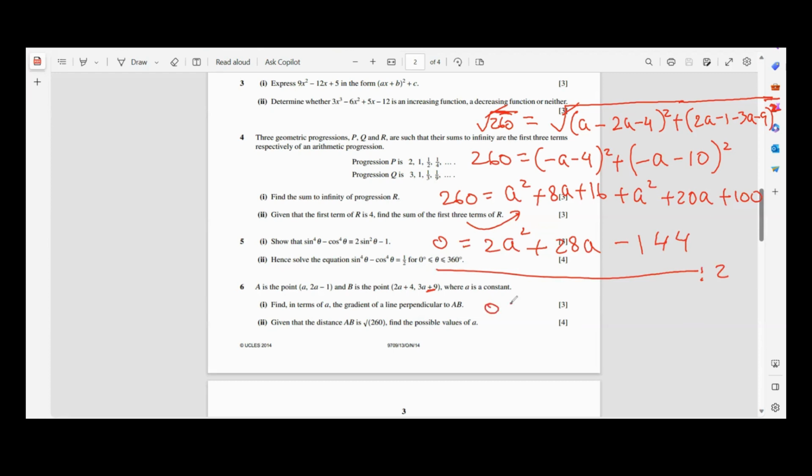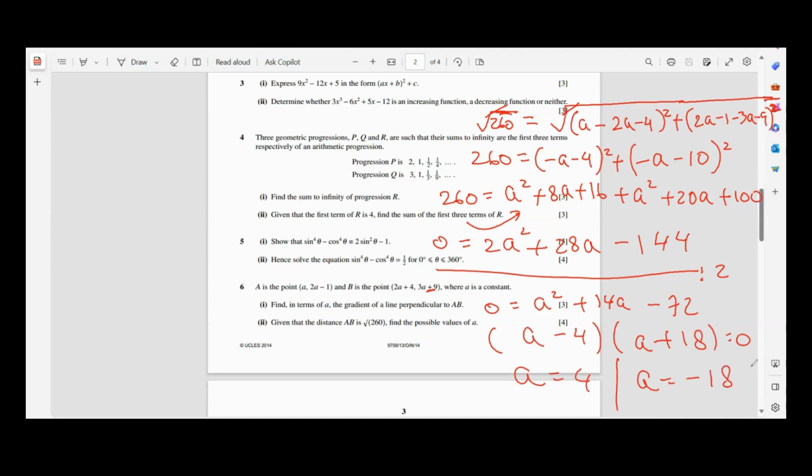So it becomes 0 equals a squared plus 14a minus 72. So we can factorise: a minus 4 times a plus 18 equals 0. So we have a equals 4, a equals negative 18. So that is for number 6.